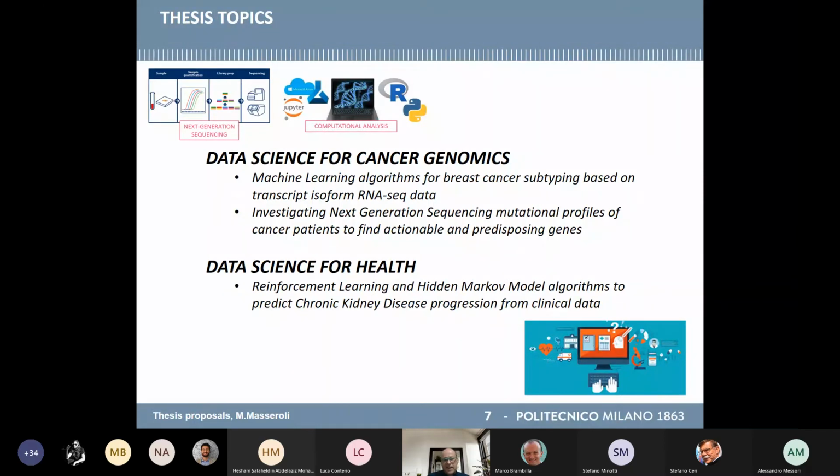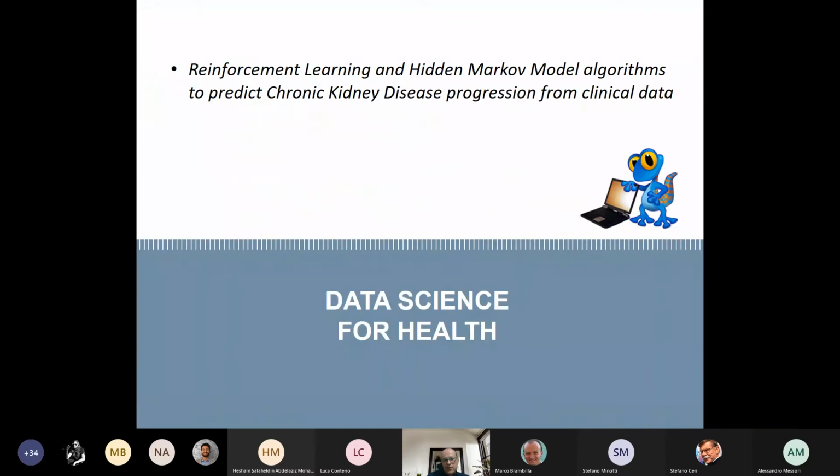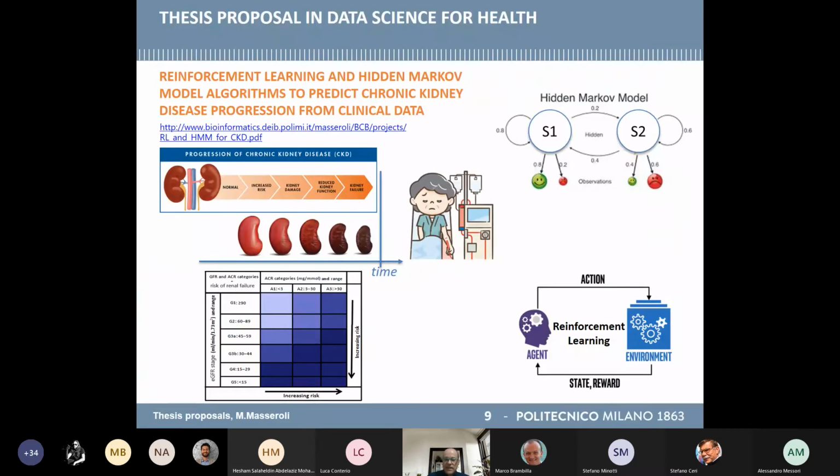So, data science for cancer genomics with a couple of proposals, and data science for health. In particular, starting from this latter one, this regards the applications of reinforcement learning and either Markov model algorithm on the evaluation of the chronic kidney disease progression based on clinical data that can be extracted from an electronic medical record of a hospital.